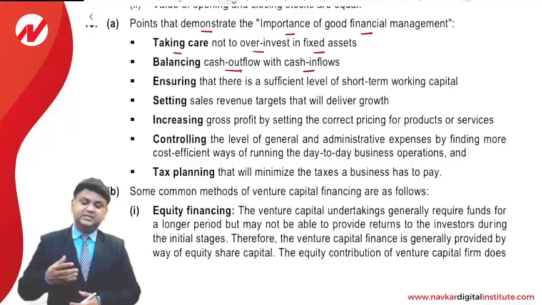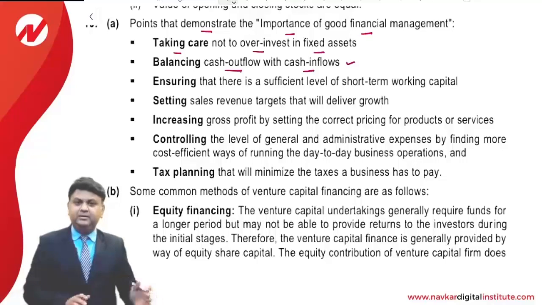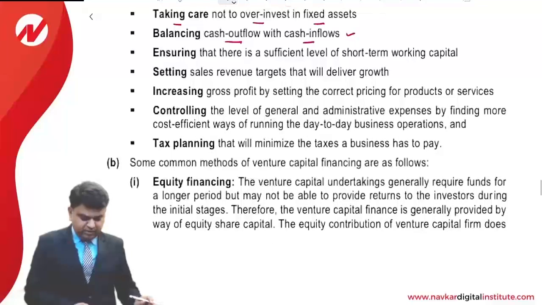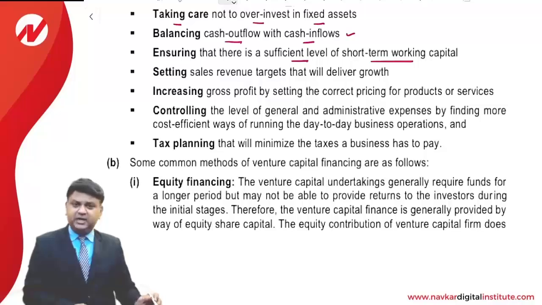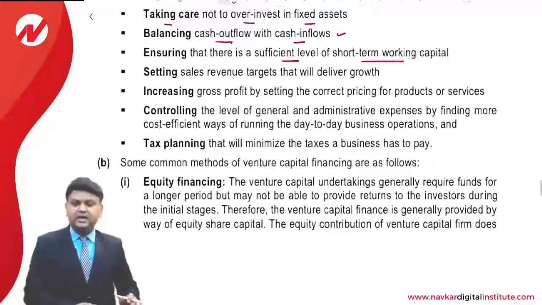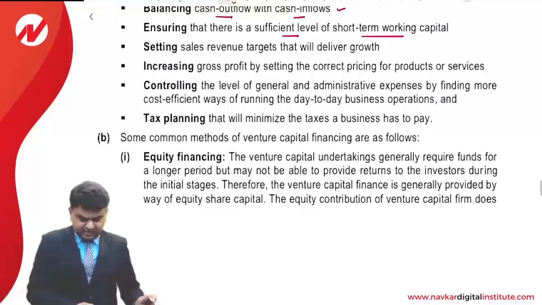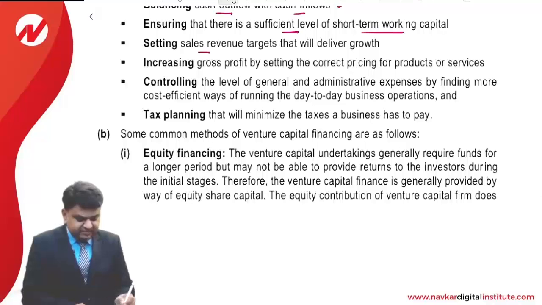However, in that case, we may have a poor cash position. So we just have to make sure that we have balancing inflow and outflow, ensuring that there is a sufficient level of short-term working capital so as to reduce the chances of any technical insolvency, bankruptcy.